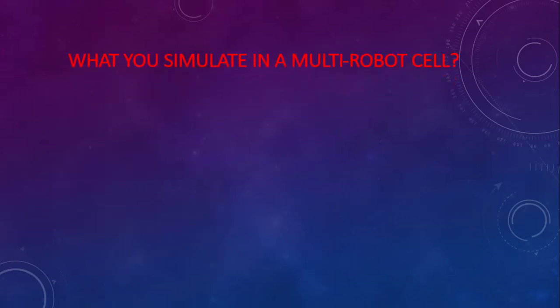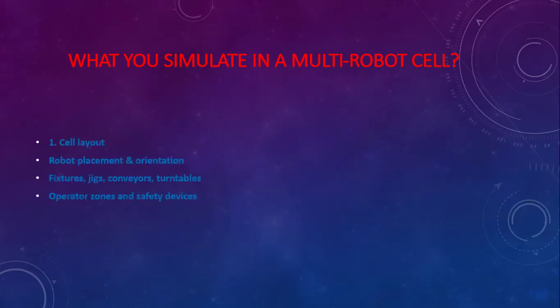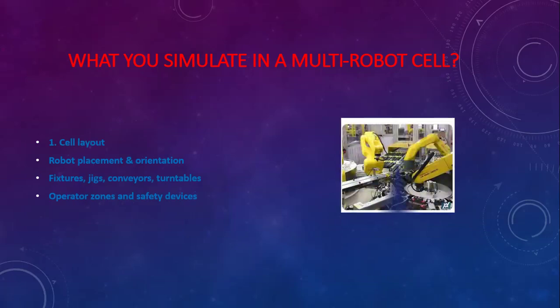What are the common things one can simulate in a robot work cell? Defining the cellular layout. Within the cellular layout, we can study the area to be occupied for mounting the robot assembly, define the arm orientation according to the coordinate axis, place additional jigs and fixtures and the conveyor assembly, and define the operator zone and other safety devices.